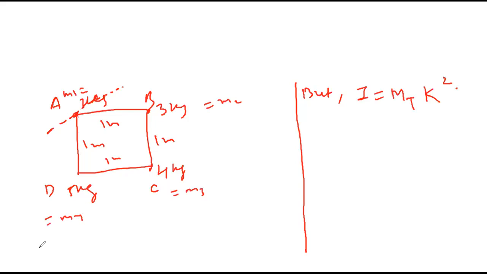The first mass is at 0 distance from the axis, because the axis is passing through that mass. Yes or no? Yes, sir.